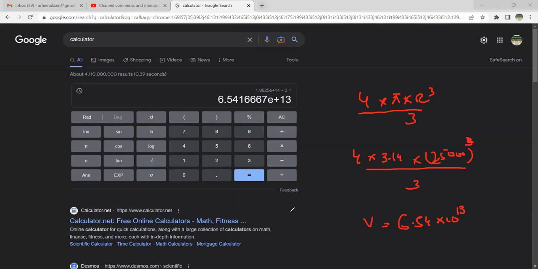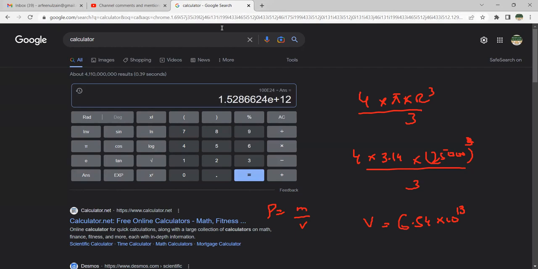And then to get the density, it is mass over volume. The mass was 100 exponent 24, so it is 100 exponent 24 divided by the previous answer.